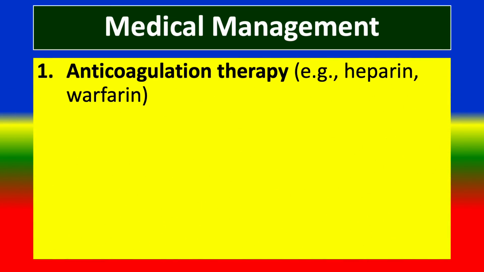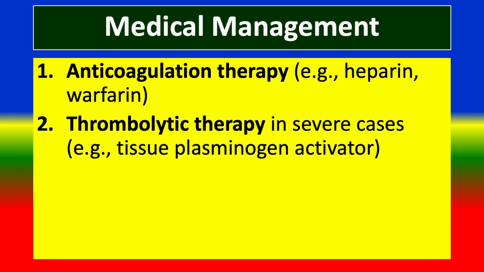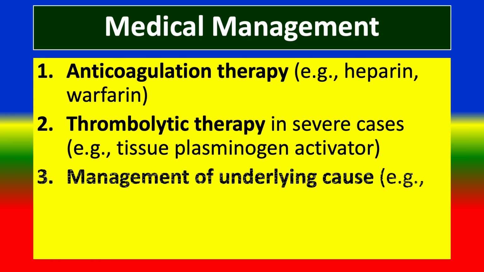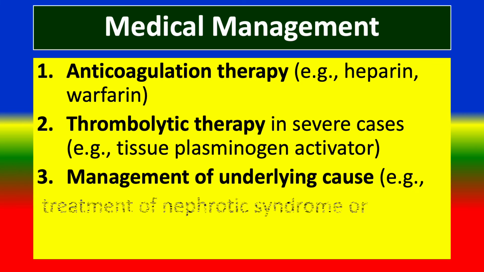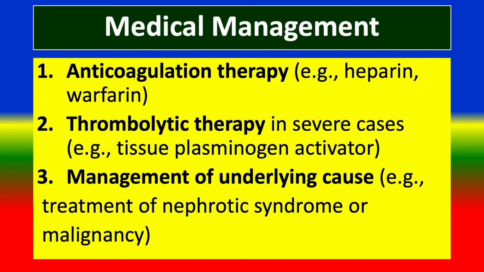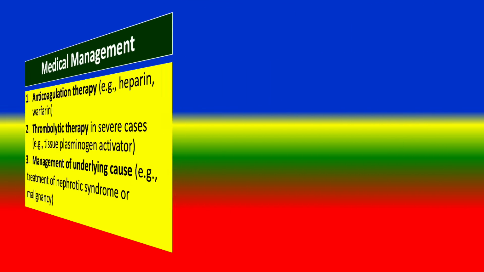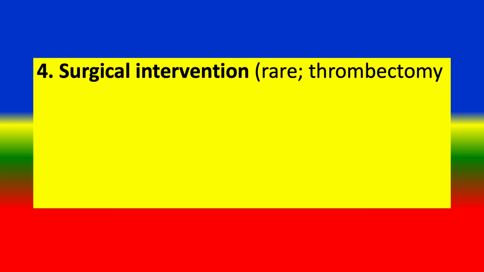Medical management. 1. Anticoagulation therapy, for example heparin, warfarin. 2. Thrombolytic therapy in severe cases, for example tissue plasminogen activator. 3. Management of the underlying cause, for example treatment of nephrotic syndrome or malignancy. 4.